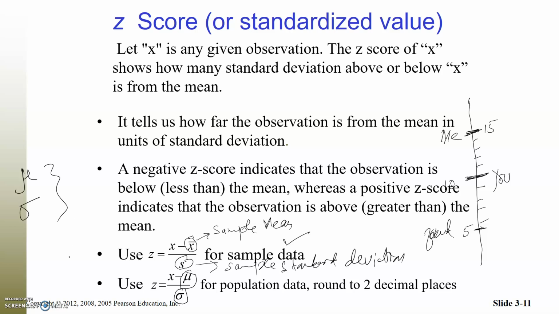Another important thing to remember: when we do this computation and we get a decimal, we always round to two decimal places when computing a z-score.